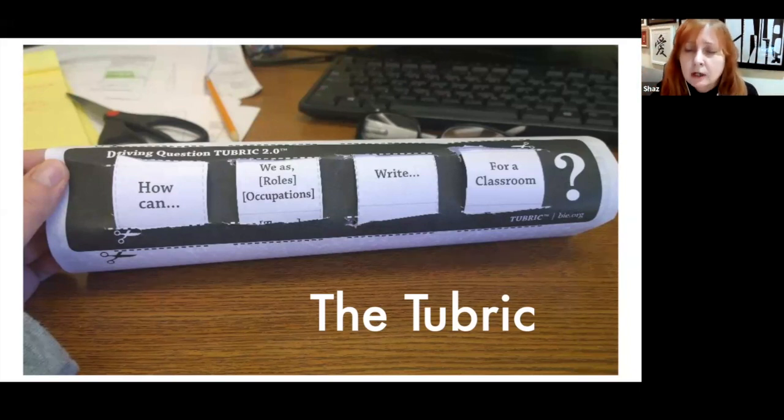So when you're starting off, it just helps you make really good, excellent driving questions. And you might start off with one driving question and discover that it's going a different way. And that's fine as well. As you do more and more driving questions, you'll find that it's much easier.